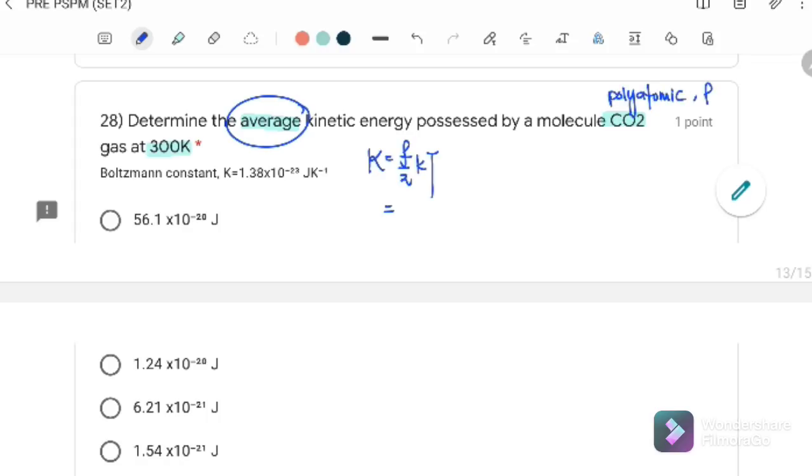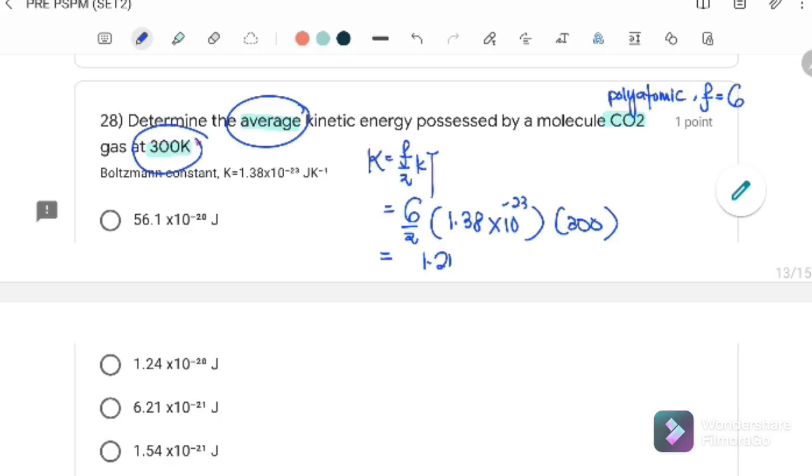Polyatomic means that the degree of freedom is equal to 6, so we substitute 6 over 2. k is the Boltzmann constant, 1.38 exponent negative 23, and the temperature must be in Kelvin, so they give you 300 Kelvin. From that we will get the average kinetic energy equal to 1.24 exponent negative 20 joule. So the answer is B.